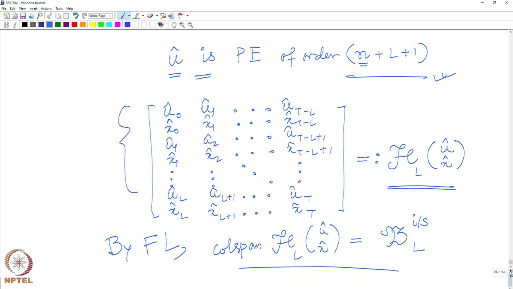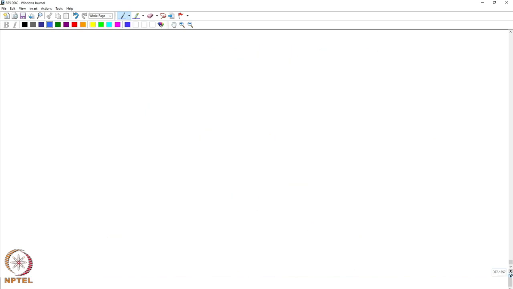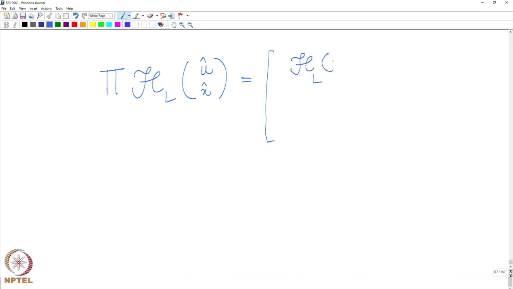Now, I do a little bit of permutation of these rows. A permutation of these rows of H L coming from u hat x hat actually gives me the following. I have the Hankel matrix of order L coming from u hat and the Hankel matrix of order L of x hat, but I will not write it like this.